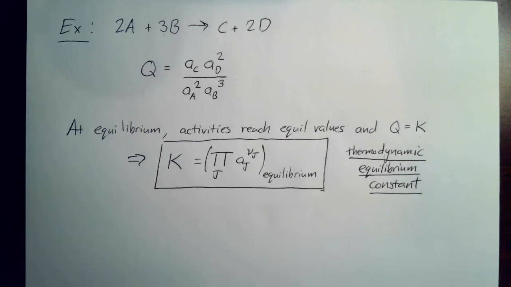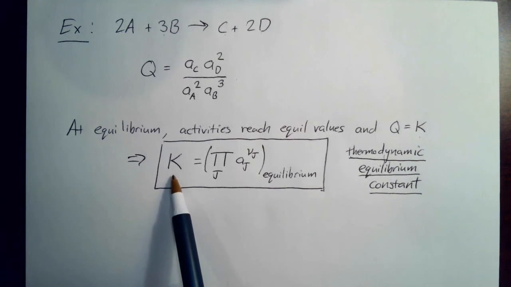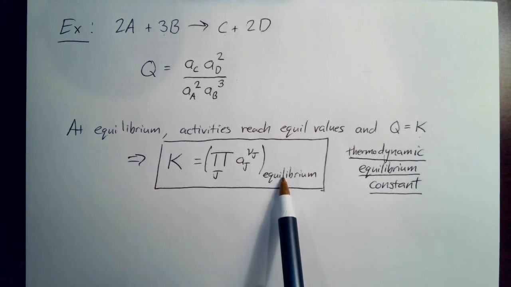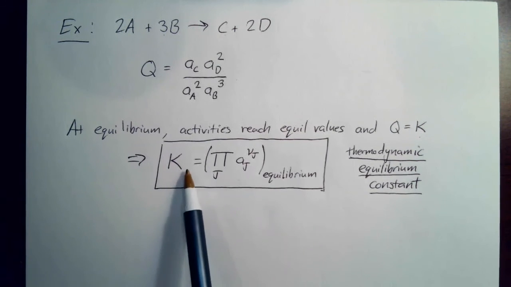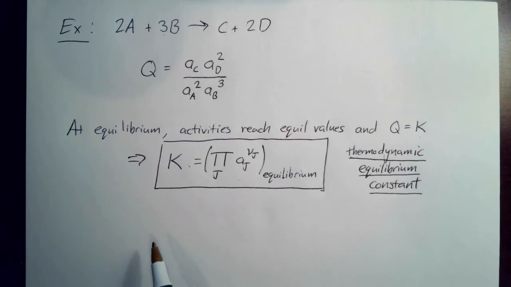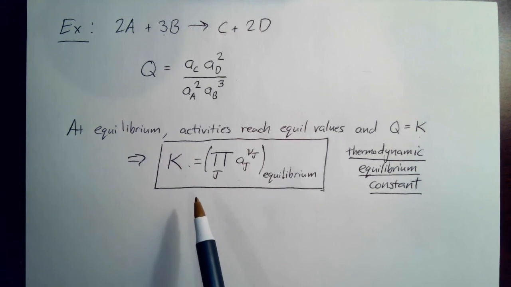So as I mentioned earlier in this video, K is a valuable quantity to know because we know that as a reaction approaches equilibrium, the reaction quotient will approach K. And so we could use K to find the ratios of the amount of species that would be present when the reaction reaches its equilibrium.